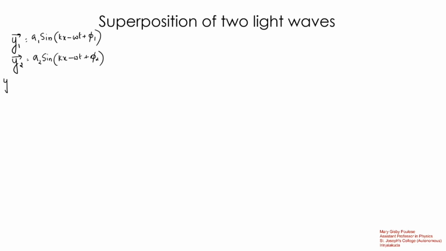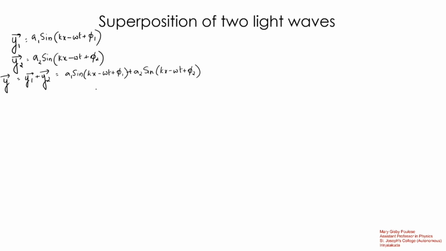Hence, the resultant is given as y equals y1 plus y2, which can be written as a1 sine of kx minus omega t plus phi 1, plus a2 sine of kx minus omega t plus phi 2.